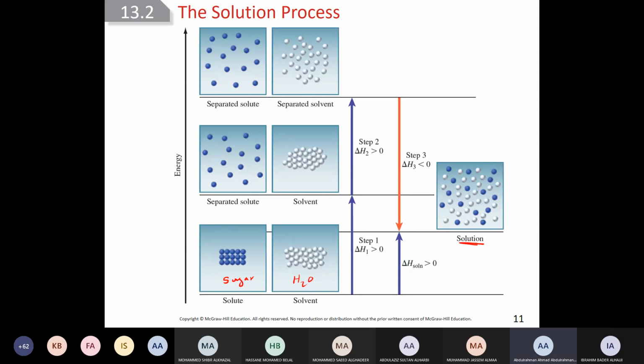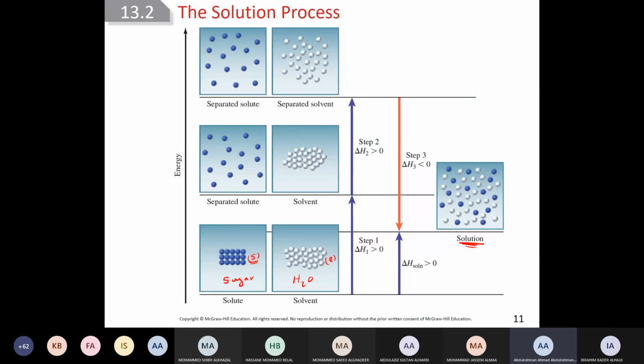If we have solid sugar and liquid water, and we're making a solution, what are we doing? We are first breaking the bonds in the solid.